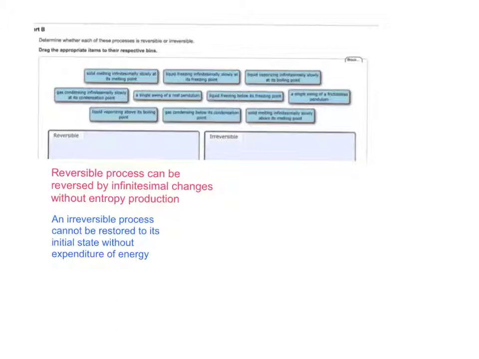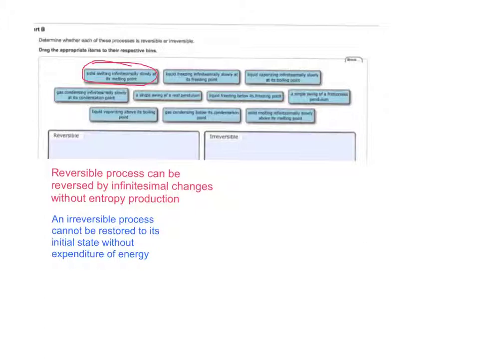So anytime there is a phase change that is happening at equilibrium, we know that it is reversible. So we can say that this is reversible. Similarly, anytime that there is a phase change that is happening infinitesimally slowly, we know that this is a reversible process because it occurs at a very infinitesimally slow pace without any entropy production.